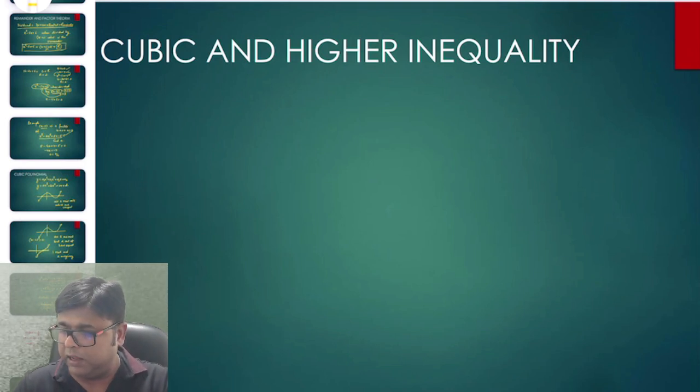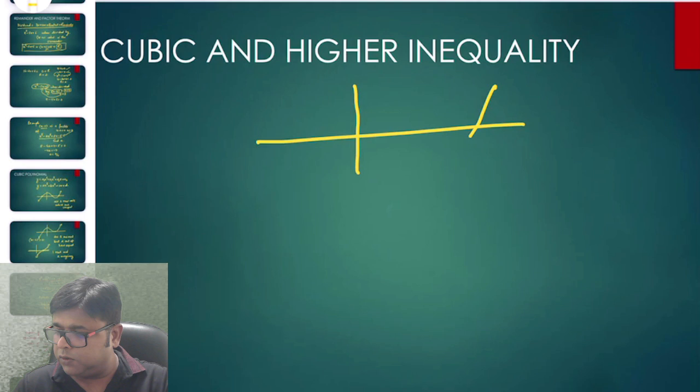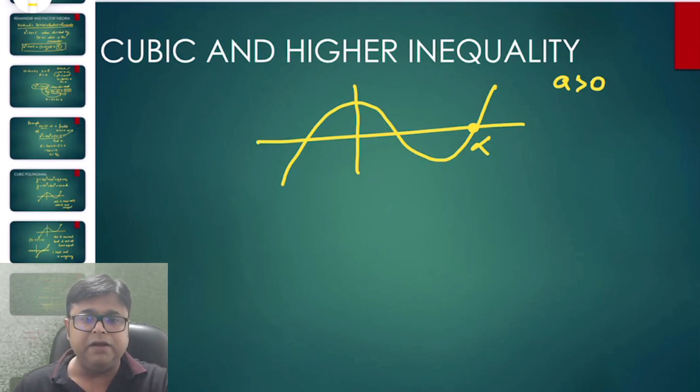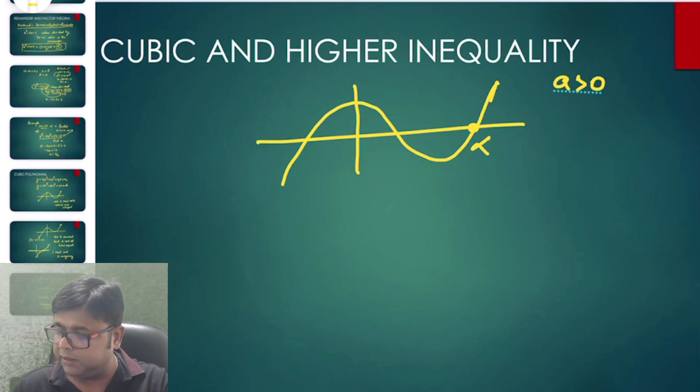Here also, if I look at a cubic with three roots, on the right of the largest root, for a greater than 0, that means the coefficient of x cube is positive, only then the graph looks like this. So on the right of alpha, the expression will be positive. Between alpha and beta it will be negative, between beta and gamma it will again be positive, and less than gamma it will be negative.